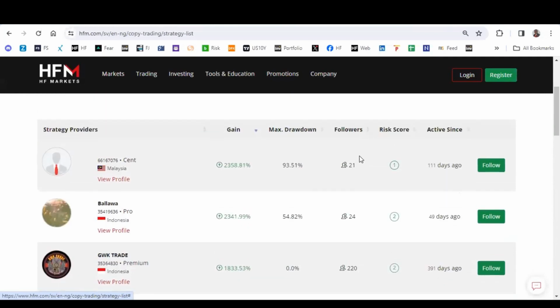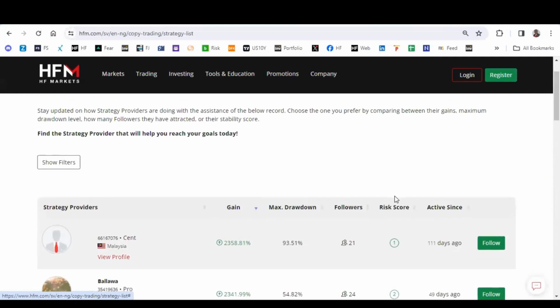The next column we have is the risk score. The risk score basically ranks the strategy providers based on different parameters. Profitability is a part of it. Consistency is a part of it, and a lot of different things put together to rank them in terms of their risk score.